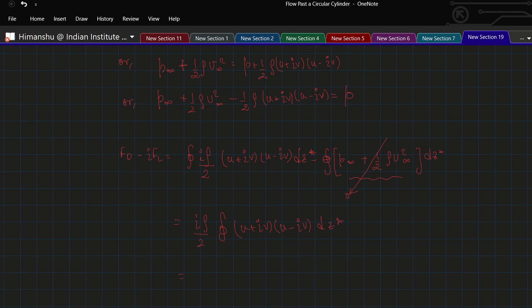Now it is simplified further, dx minus iota dy.